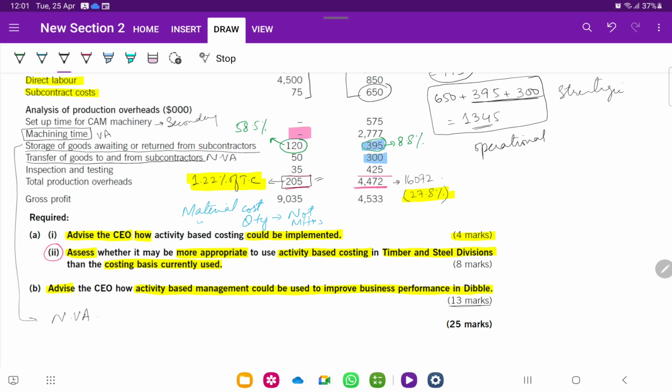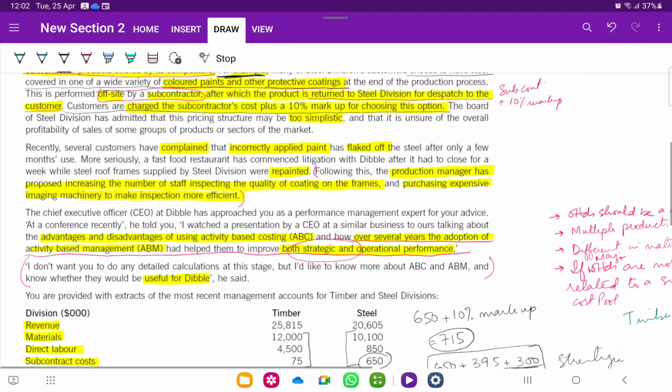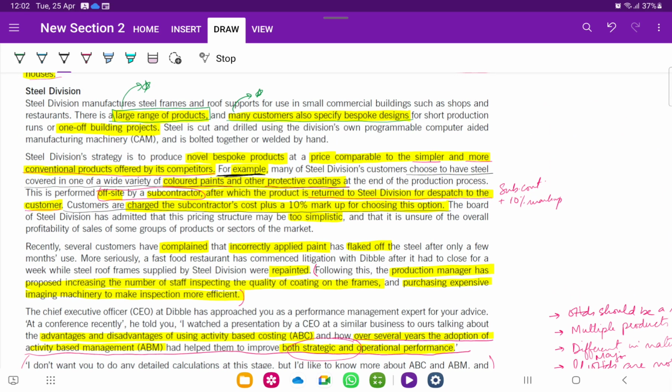How can you reduce or eliminate? Let's talk about transfer of goods to and from subcontractor first, because this is the easier one. What if you don't want to transfer it to the subcontractor, or you don't want it back from the subcontractor? What can you do? Pause this video and think, because you have to think in the paper. See, the first idea is what we are doing: we are sending it to the subcontractor, and then we want it back.